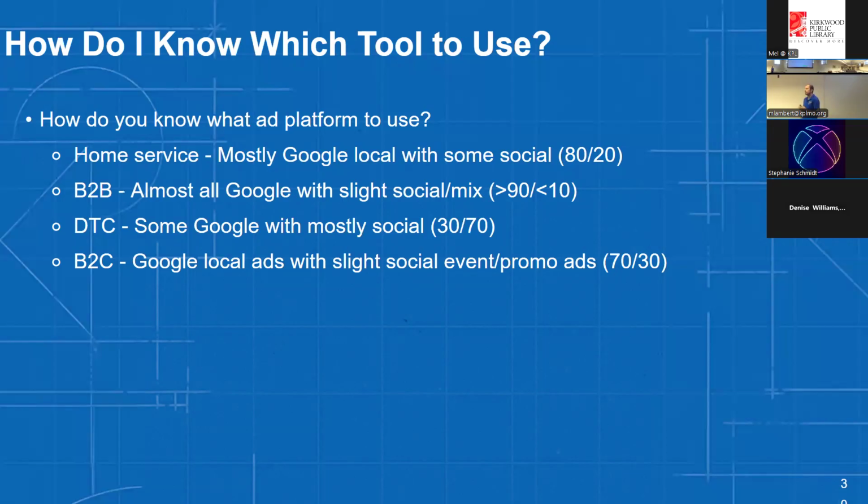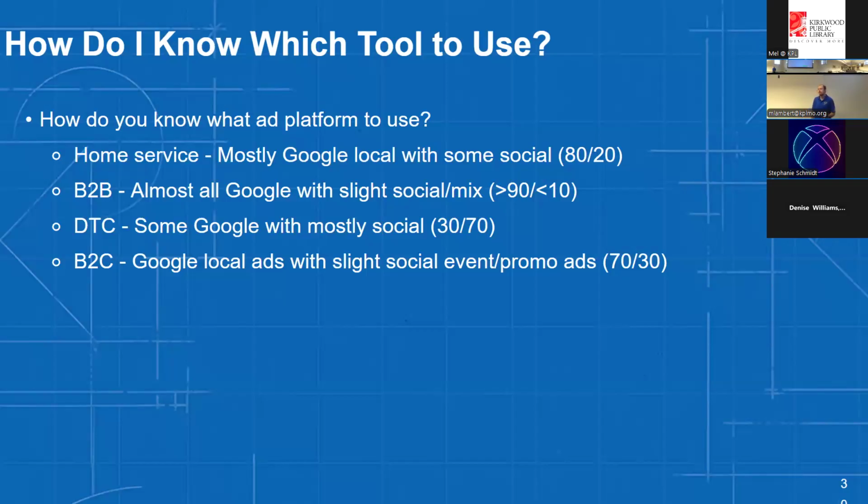You're more than likely going to be doing local service ads, local map ads, and probably do some social, especially if you make videos or if you create content. If you're business to business, you're probably just going to do all Google. You might have some social on LinkedIn or somewhere else sporadically, but your primary ad is going to be Google.